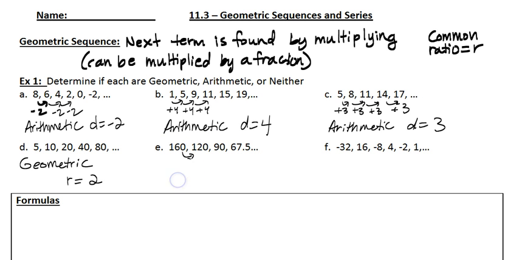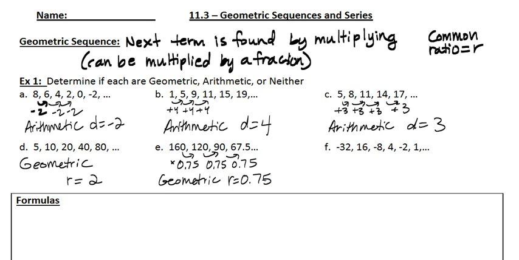That was actually multiplied by 0.75. And then again, next term divided by previous term to test what the r is. And actually, it ends up being every single time it's being multiplied by 0.75. Notice again, I do not say it's being divided. I say multiply by a decimal. So this one is geometric, and the r is 0.75.